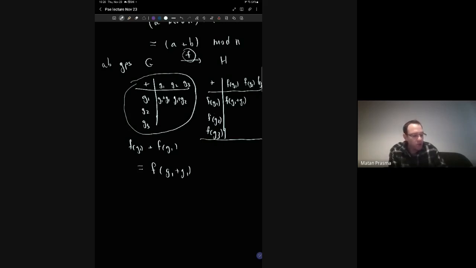So you could think of the addition table in H as simply a copy of the addition table of G with just different names of the elements.